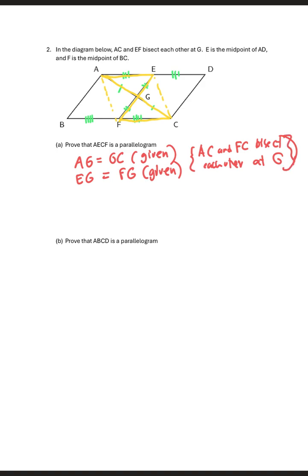And then therefore the diagonals AC and FE are diagonals, so they bisect each other.